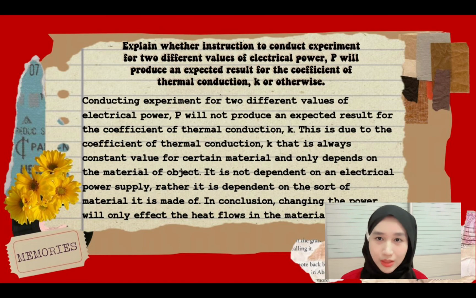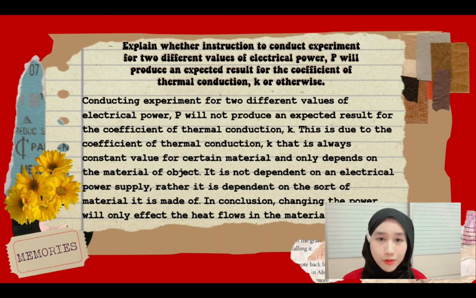Explain whether the instruction to conduct the experiment for two different values of electrical power P will produce an expected result for the coefficient of thermal conduction K or otherwise. So, conducting the experiment for two different values of electrical power will not produce an expected result for the coefficient of thermal conduction.